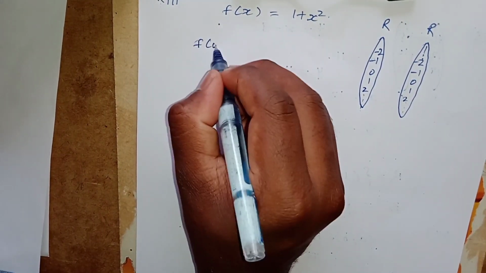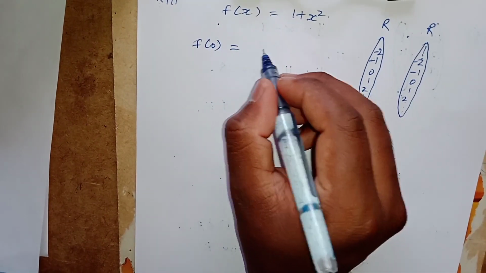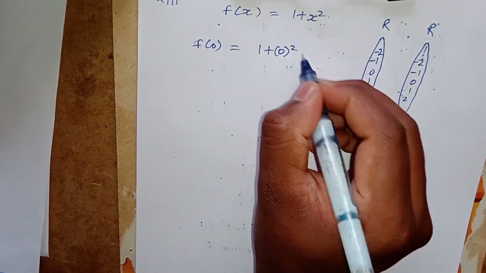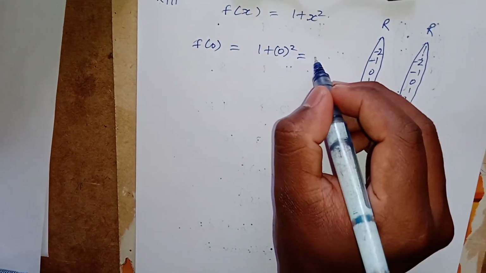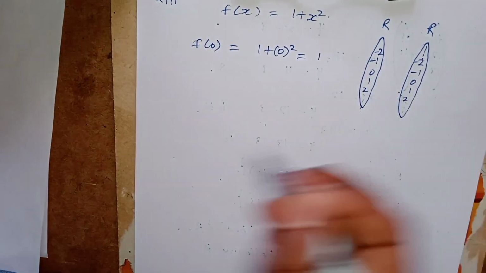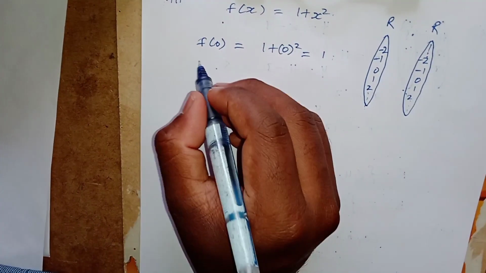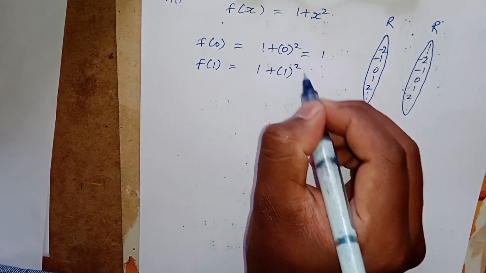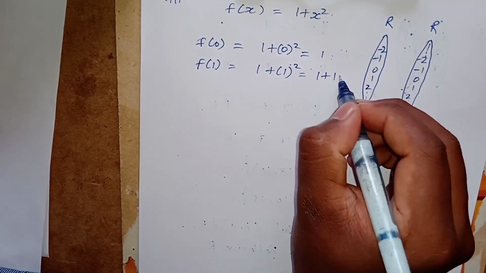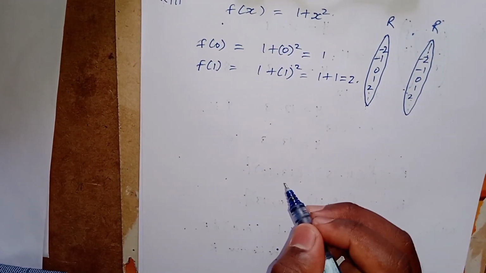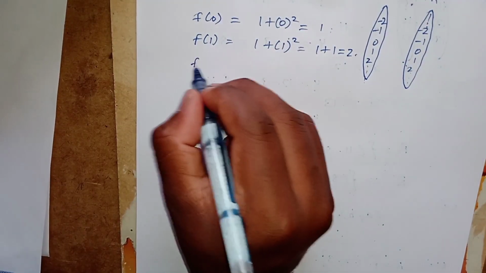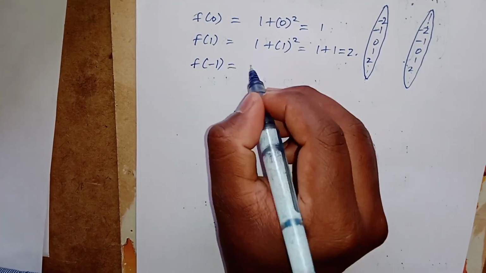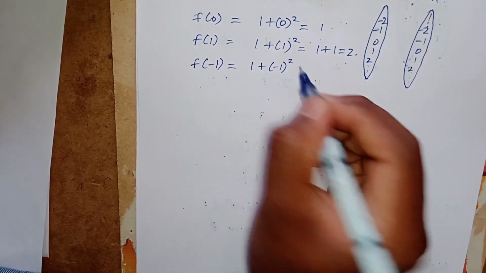I am taking f of 0. F of 0 here is 1 plus 0 square. 0 square also 0. 1 plus 0 you will get 1 alone. Okay. Next, f of plus 1. I am taking 1 plus 1 square equal to 1 plus 1, you will get 2. Next I am taking f of minus 1. 1 plus minus 1 the square.